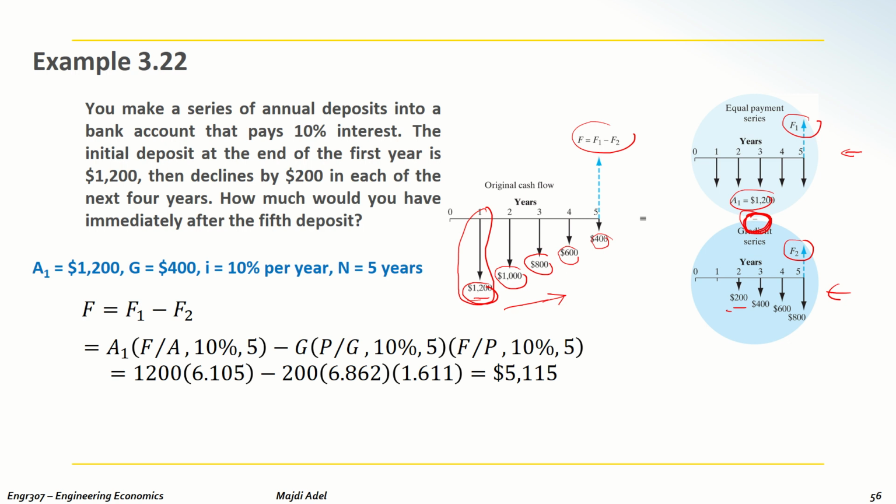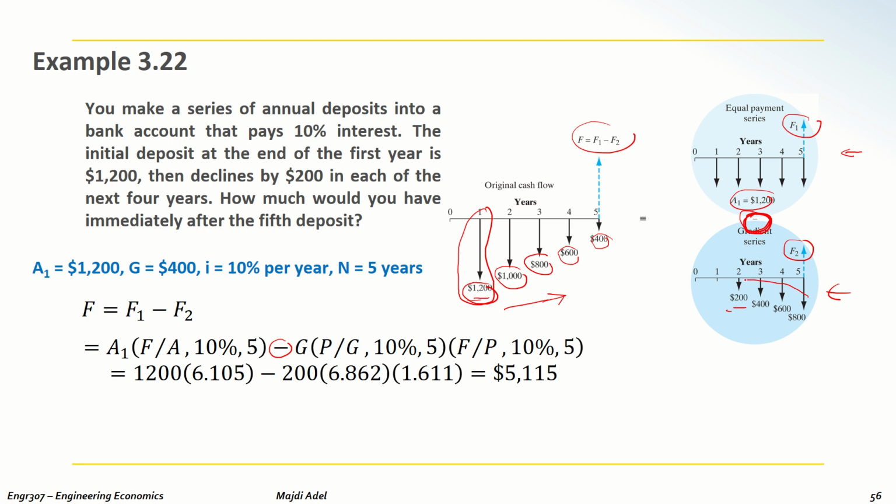Using the uniform cash flow formulas, F1 is A1 multiplied, calculate F given A at 10% and 5 years, minus, now for the gradient part, let's assume that I do not have the future worth formula. I'm going to use the interest tables.